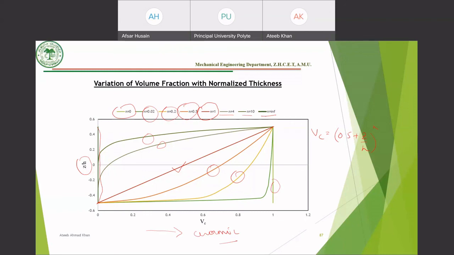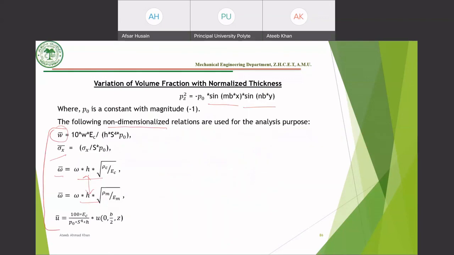Sorry to disturb you. No Sir, no problem. There is one question. You have shown the kinematics of deformation for classical plate theory and then showed the displacement field for the same. Can you explain how the assumptions in this theory are satisfied? Okay, I'll tell you.